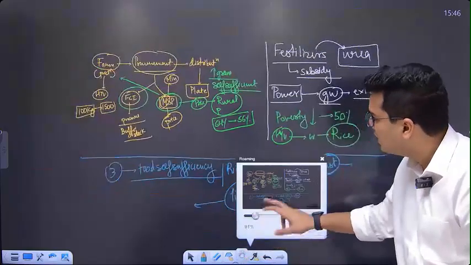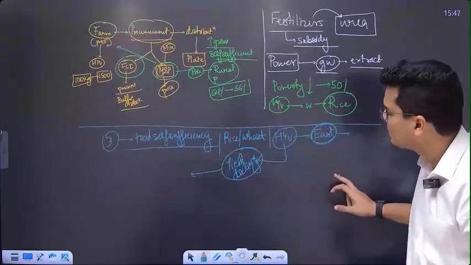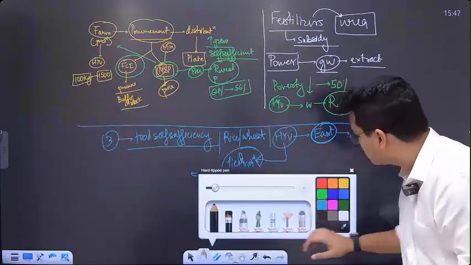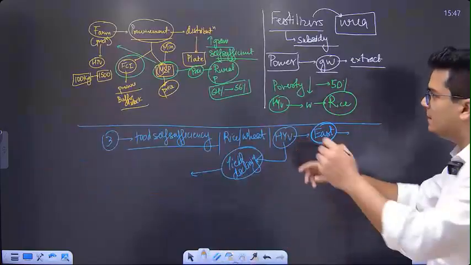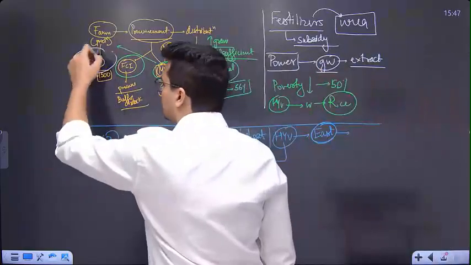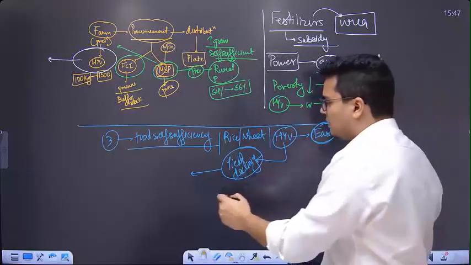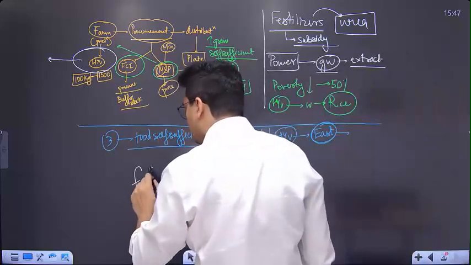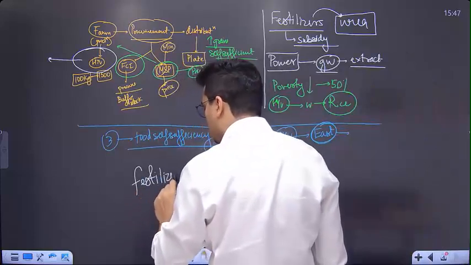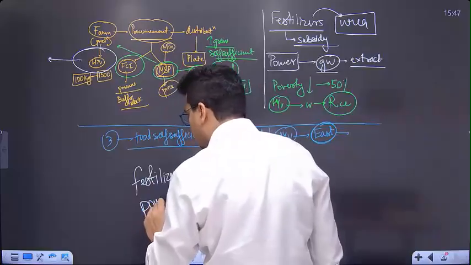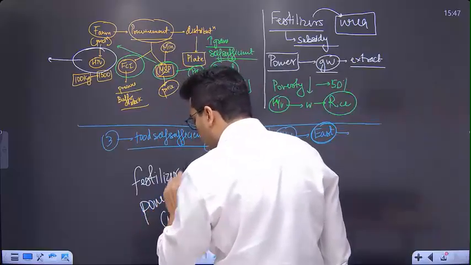When yield starts declining, we now face a crisis. We have to maintain production levels, but the major thing that was increasing our yield has now declined. So what do we do? We give more fertilizer subsidies. We give more power subsidies. We extract more groundwater.